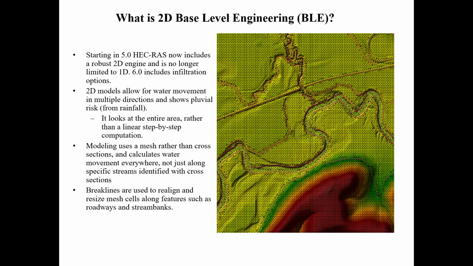And so these break lines are used to realign the mesh cells along the features, such as roadways and stream banks, and they are kind of reliant on the data that we have. Like the LiDAR that we have, I think, is from 2018, and so that hasn't been reflown, at least to my knowledge, and so we are using that.